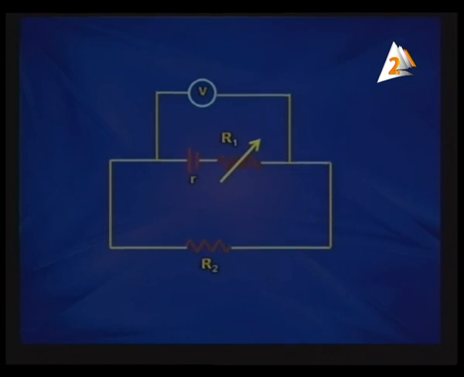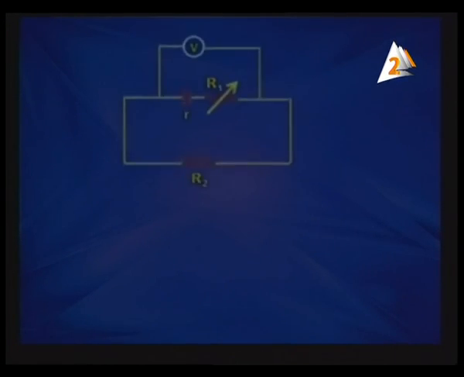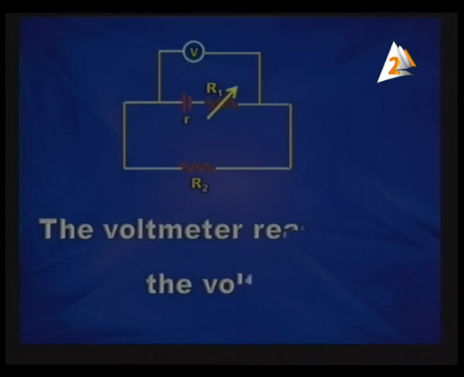R2 is constant, so it changes when the current changes. If the current is increased, it will increase, and vice versa. In the problem, we increased R1. The voltmeter reads the voltage on R2.